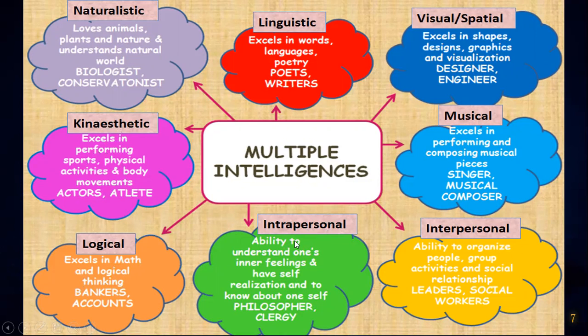Intrapersonal intelligence is the ability to understand one's inner feelings, have self-realization, and to know about oneself. The interpersonal is the ability to organize people, group activities, and social relationships. The musical intelligence excels in performing and composing musical pieces. The visual spatial is the excellence in shapes, designs, graphics, and visualization. For example, a designer or an engineer.